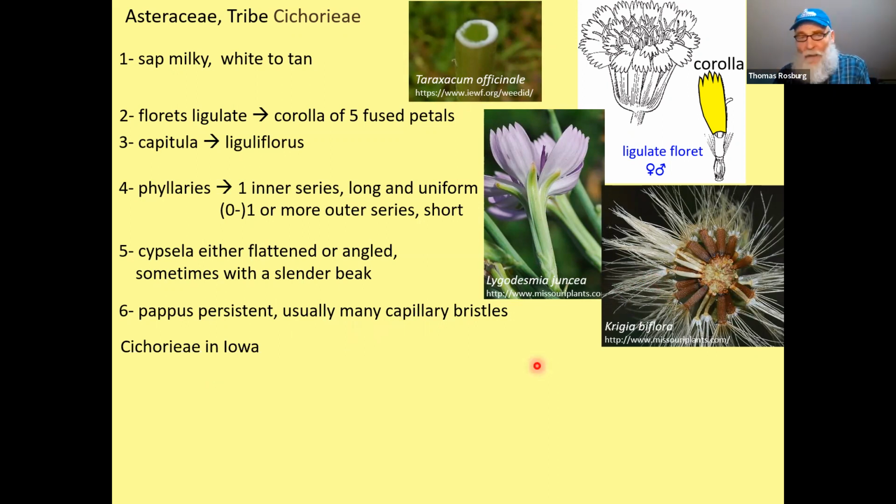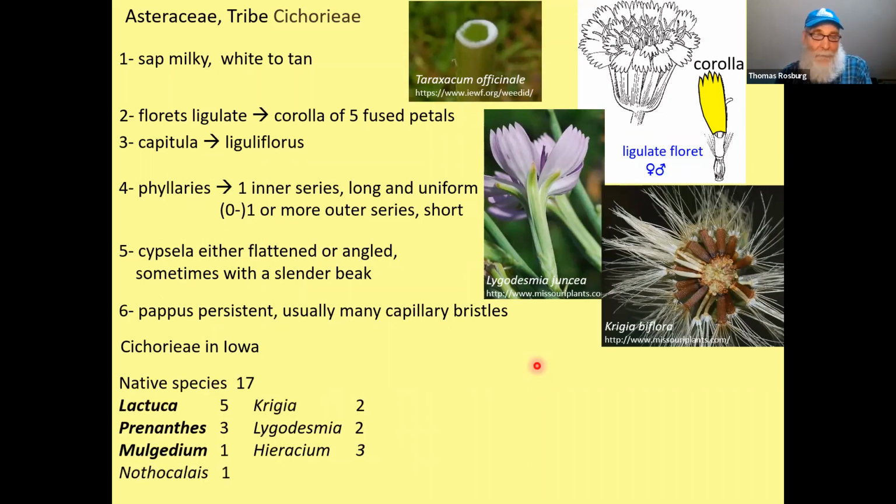Okay, so the Cichorieae in Iowa, what do we have in Iowa in this tribe? Well, we have these genera right here. There are 7 genera right there. And tonight we're going to be focused again on Lactuca. Just a word of explanation real quick. The title is Lactuca and Prenanthes. Well, where does Mogyium come in then?